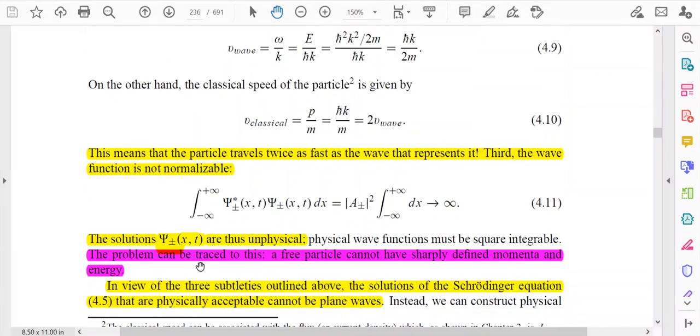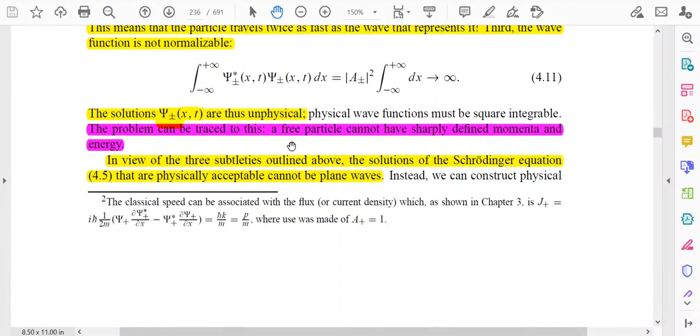So the problem can be traced to this: a free particle cannot have sharply defined momentum and energy. Because we assumed the particle has sharply defined momentum and energy, there are these discrepancies.